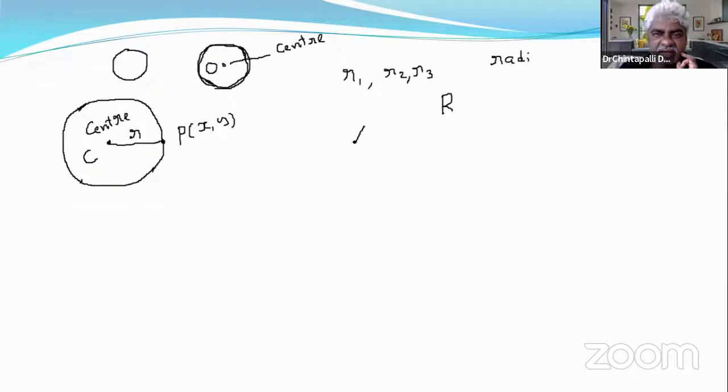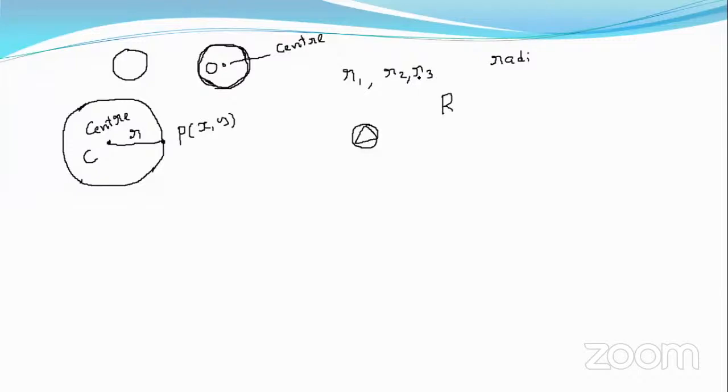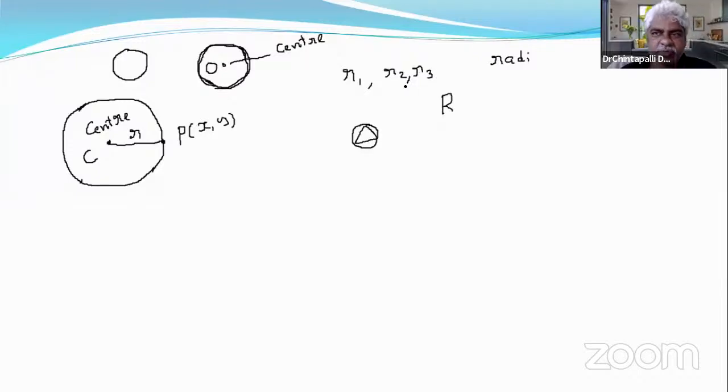For example, if you take a triangle, this is called the circumcircle of the triangle, and its radius is denoted by capital R. Those are different contexts, especially in trigonometry. In coordinate geometry, mostly small r is used, or for more than one circle, we use R1 and R2.